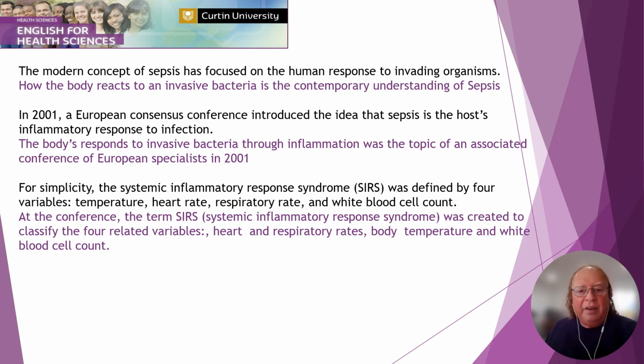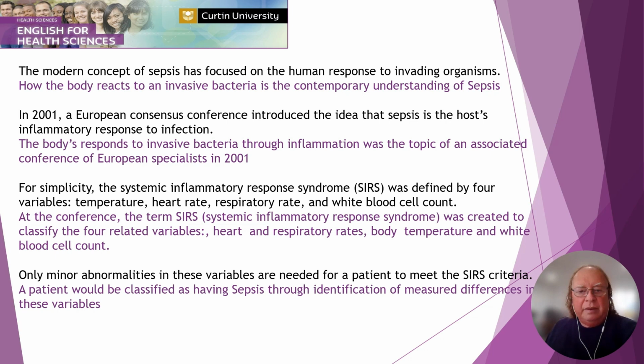So let's bring heart rate and respiratory rate together and add the rate at the end. Heart and respiratory rates, body temperature, and white blood cell count. And finally, again, I've put the patient at the beginning of the sentence and I've built my sentence around that.